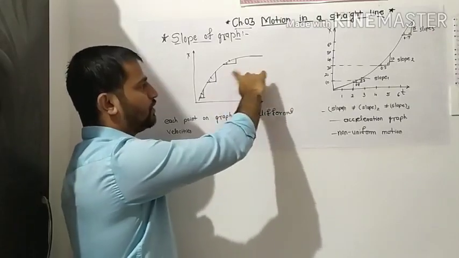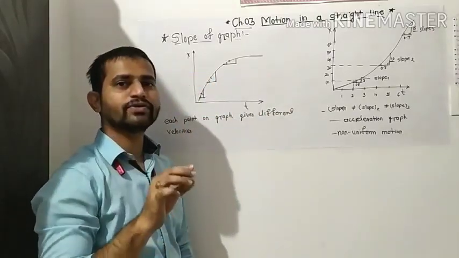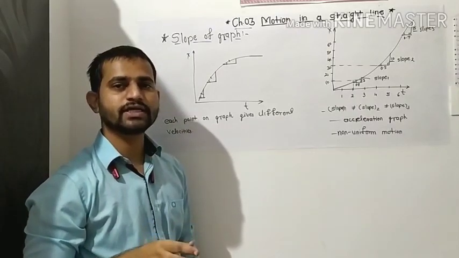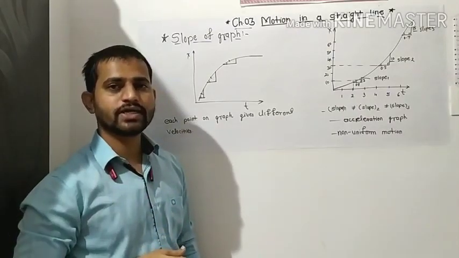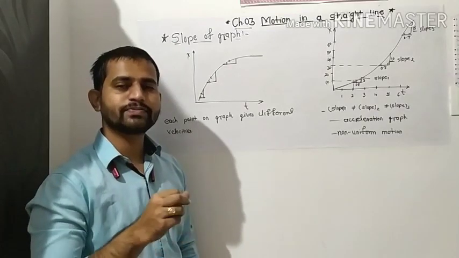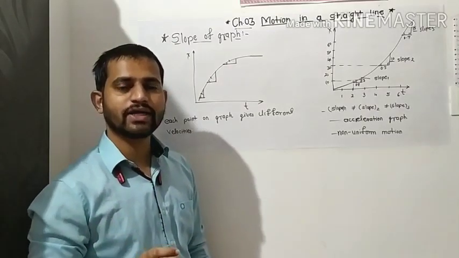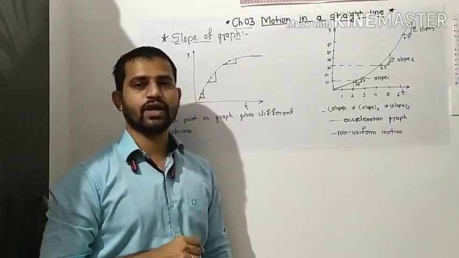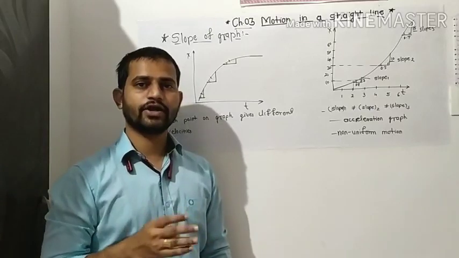So we have learned one term in which the velocity is decreasing. What is that term? It is the retardation. If the velocity or the speed increases with respect to time, it is acceleration, and if the velocity decreases with respect to time, it is retardation.